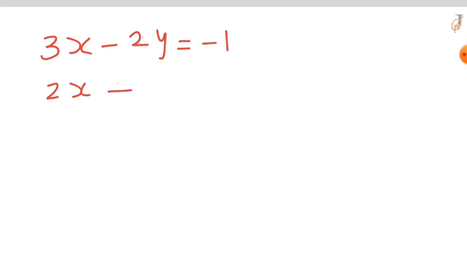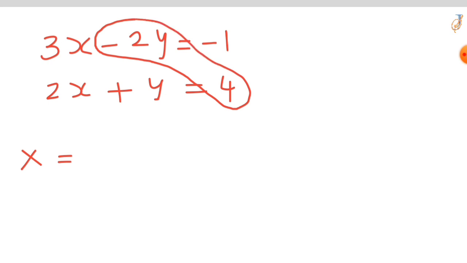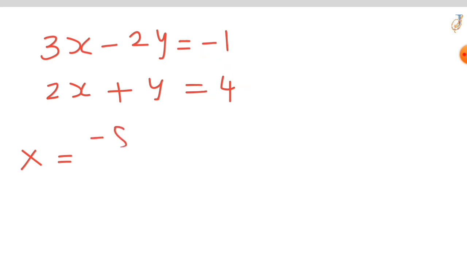Let's see one more. 3x minus 2y equal to minus 1, 2x plus y equal to 4. If you want to find x, we need to concentrate on y. So start with the first equation. We have minus 2 times 4, which gives minus 8, minus the y coefficient 1 times minus 1, which gives minus 1, over.